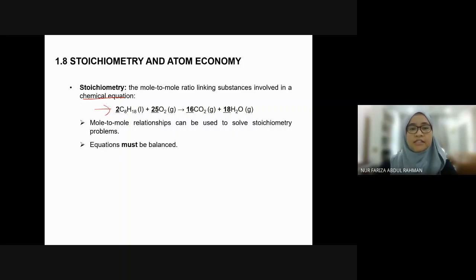The relationship between each reactant and product, or reactant and reactant, or product and product, is called stoichiometry. So it is a mole-to-mole relationship, and it can be used to help us solve stoichiometry problems. But before we can do that, we have to make sure that the equation must be balanced first.